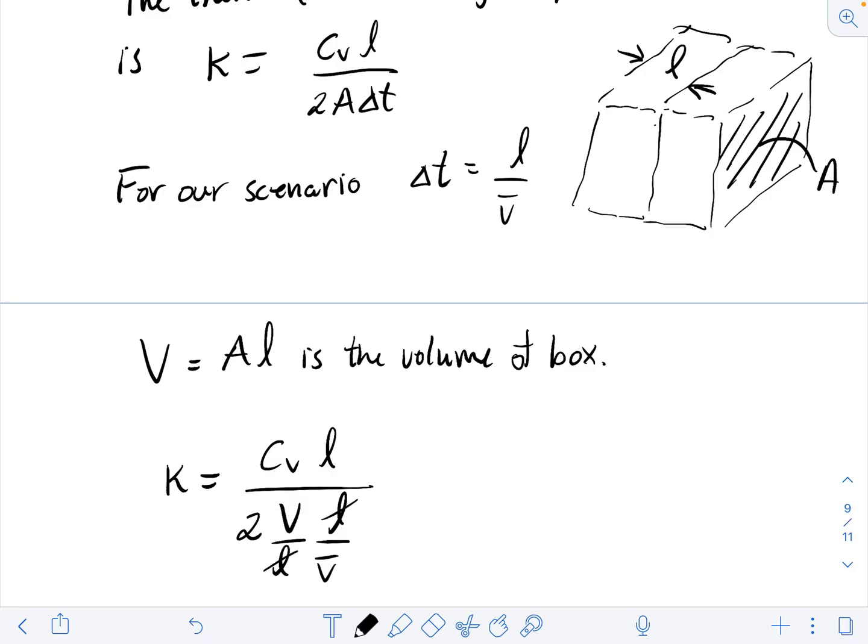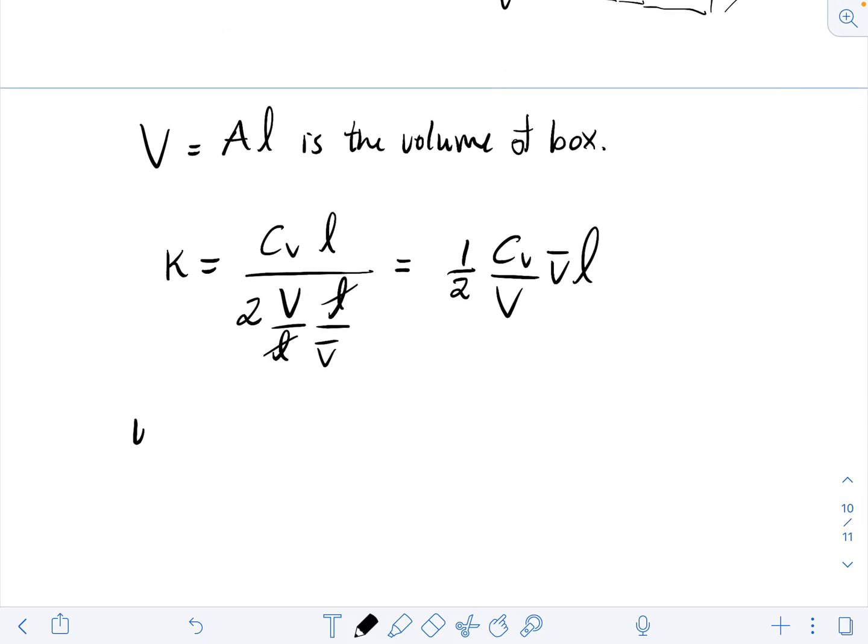And so we can do some cancellations here. And we get 1/2 the heat capacity divided by volume times the average speed times the mean free path. So let's write the heat capacity C_V as the number of particles times the mass of each particle times the specific heat.